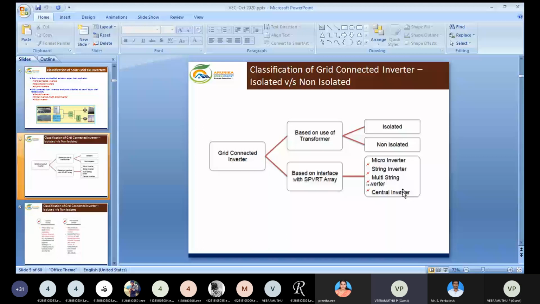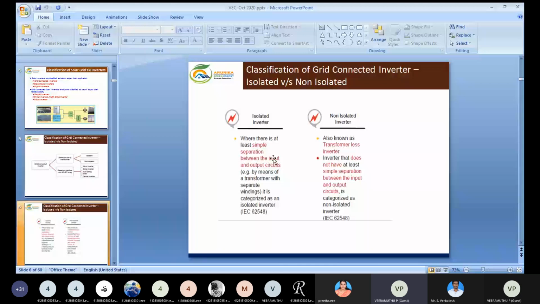Okay. So here, based on transformer, it is classified into isolated inverter and non-isolated inverter. Isolated means the separation between input and output circuits. Here, simple separation. If any problem occurs on the input side, it will not affect the output side.